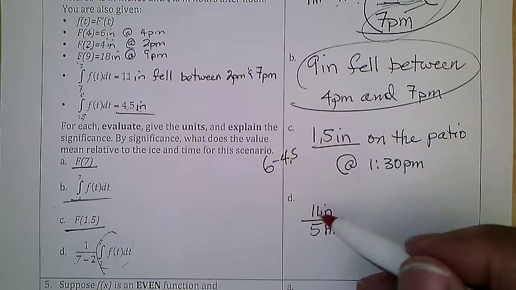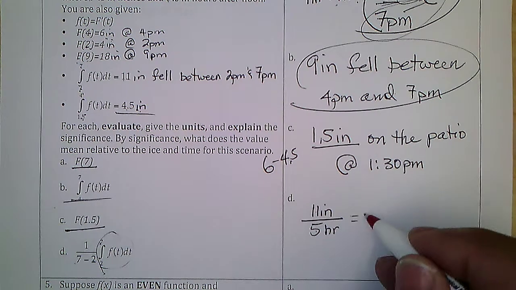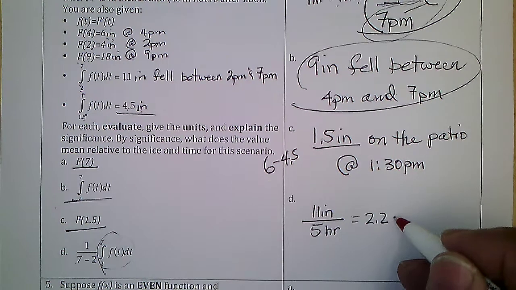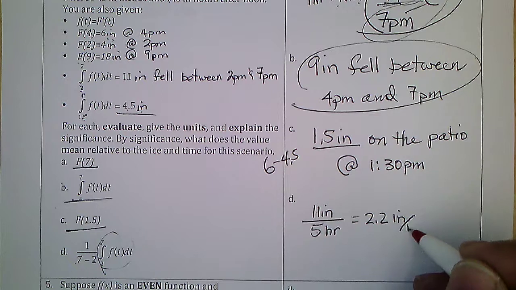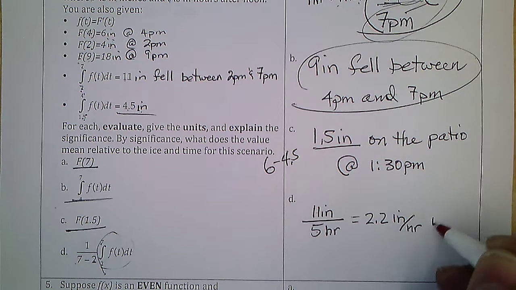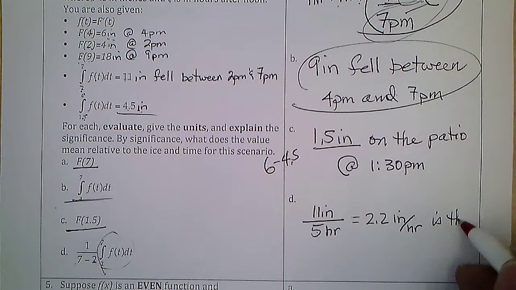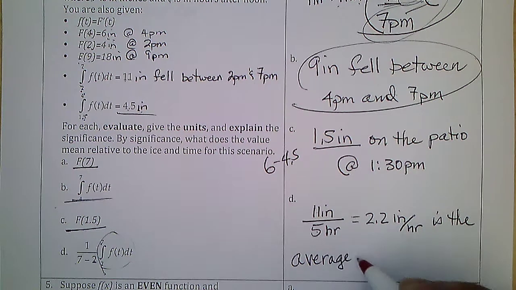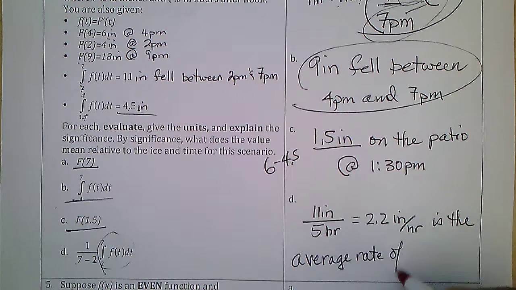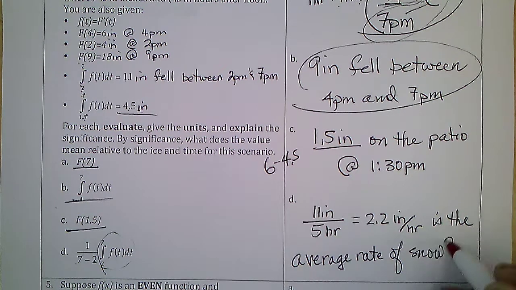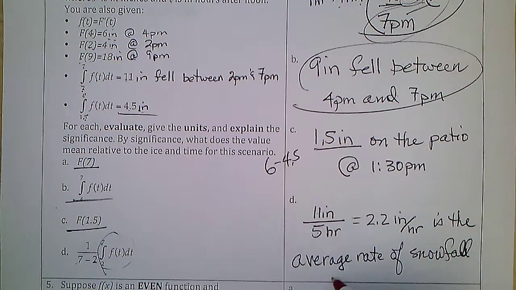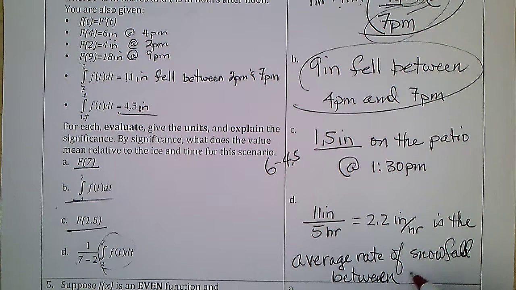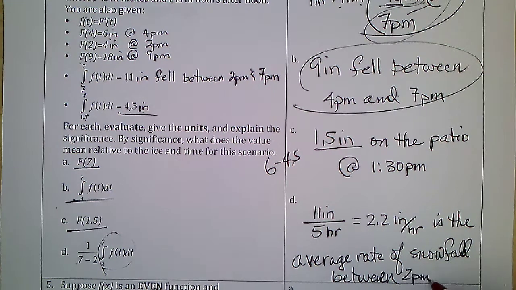So we have 11/5, or 2.2 if you want to change it to decimal, inches per hour is the average rate of snowfall between 2 p.m. and 7 p.m.